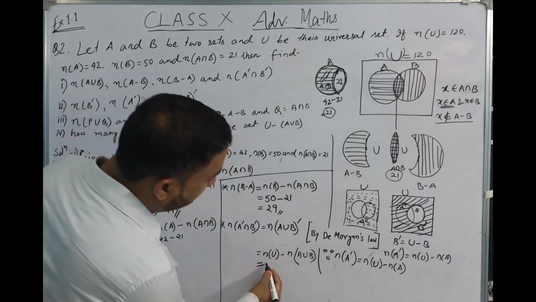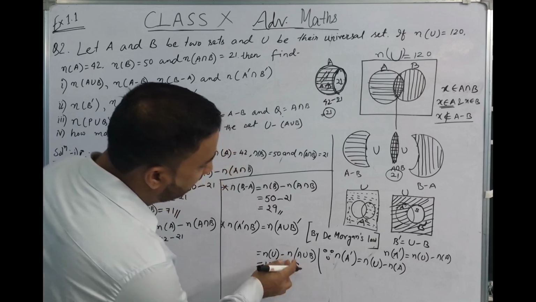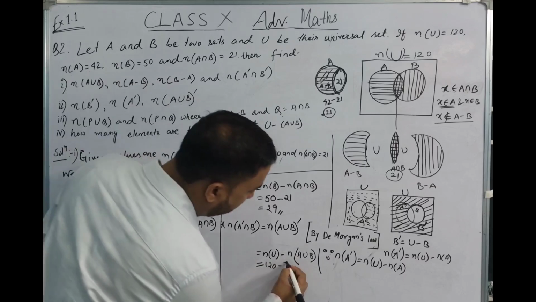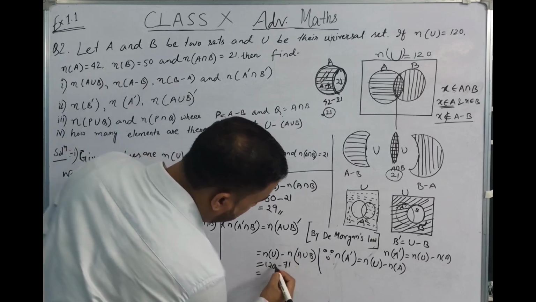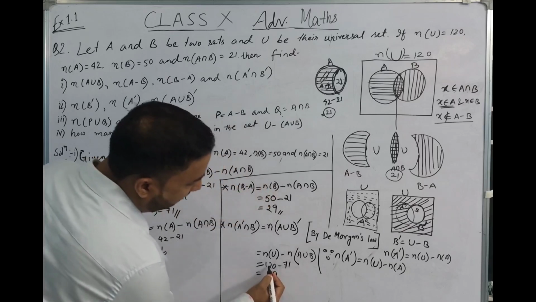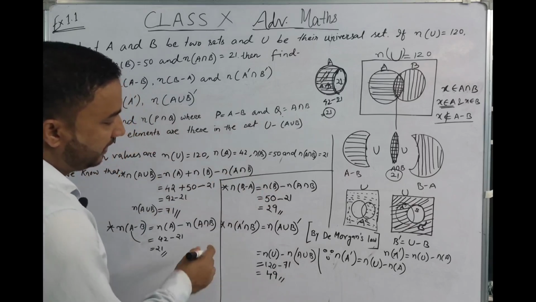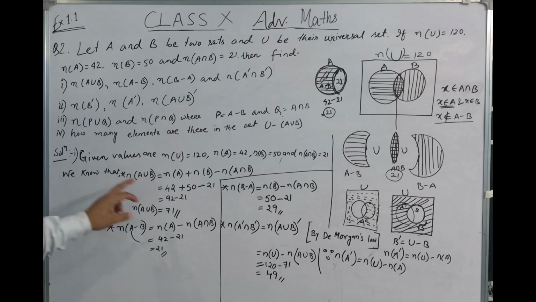Now what is the number of U? It is 120. And what is the number of A union B? A union B we got as 71. So 120 minus 71 is 49.